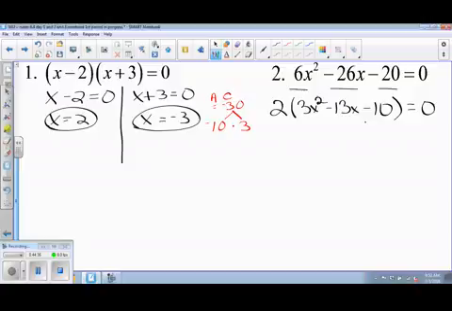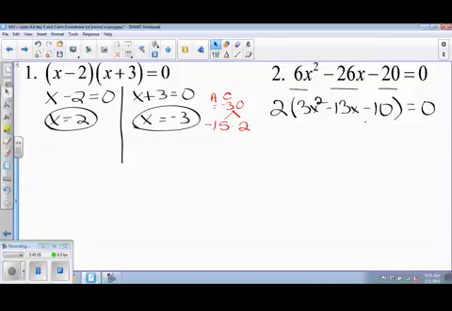It doesn't matter which one I make negative, I'm not going to get negative 13. So it's not 10 and 3. What else could it be? 15 and 2. Which one has to be negative? The 15, because the larger one has to be negative to equal negative 13. So 15 and 2.